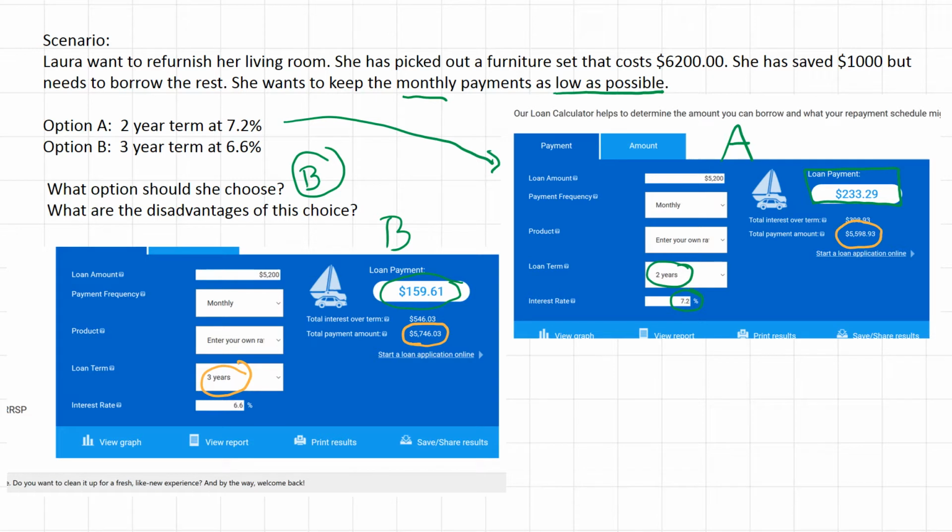So in B, it's 5,700, and the other one is 5,000, approximately 600. I'm just using approximation skills here. So this one is approximately 5,600. And here, if we round down a little bit, it's 5,700 approximately. So she's going to spend an extra $100 with choice B. And so that is one of the disadvantages.